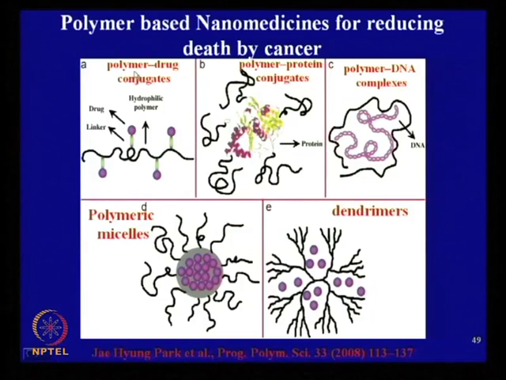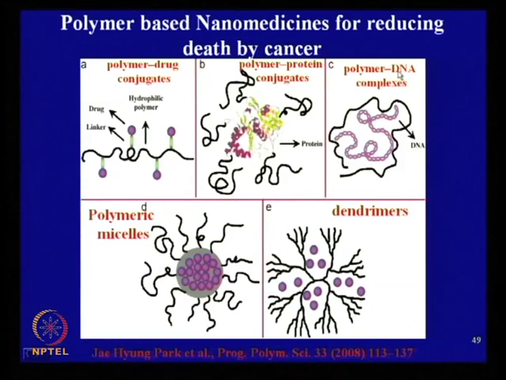Here it is a polymer drug conjugate. Sometimes proteins are also used as drugs. In that case, the protein can be conjugated to the polymer. This is the protein, it is conjugated to the polymer. Then the entire system in nano dimension can be used as a drug carrier or drug delivery system.